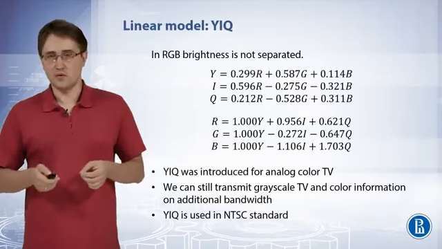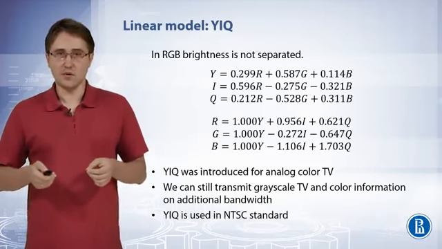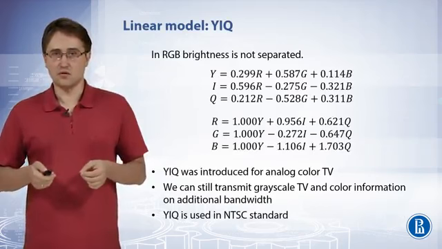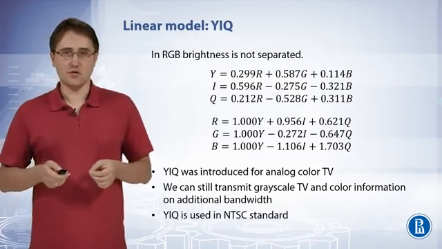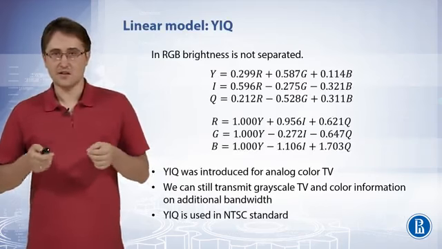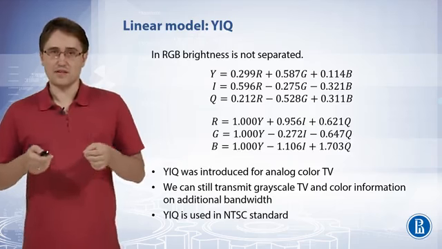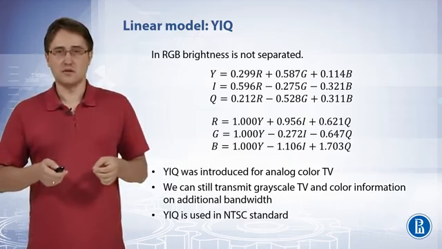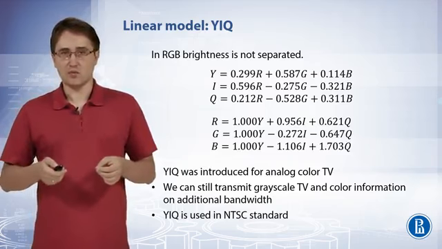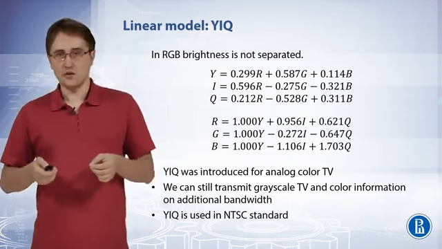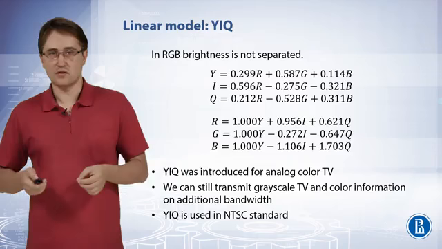There are other types of color models, for example, the YIQ model. This model was first introduced for analog color TV. This is also a linear model with a separated brightness component. Y corresponds to the brightness component, and I and Q correspond to chromaticity information.